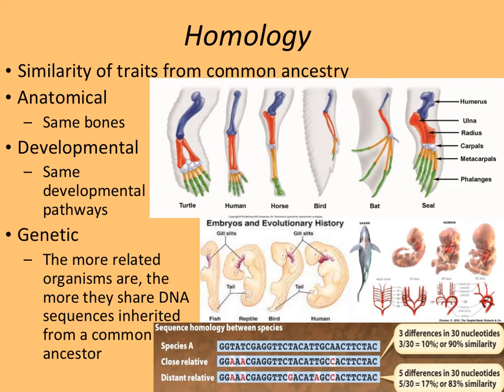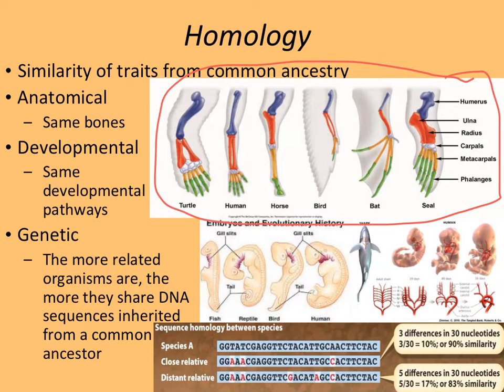Okay, so now we're with homology. These are traits that are inherited from a common ancestor. Okay? Now, these are all limb bones of tetrapods. And their limbs all have the same bones. They have a humerus.